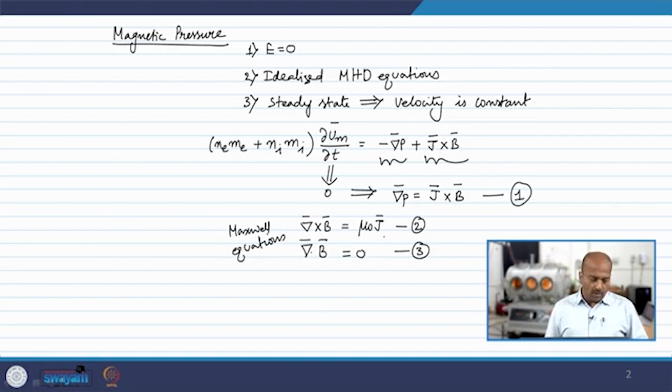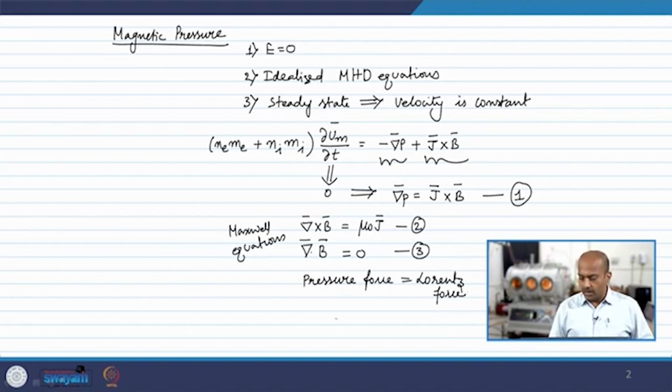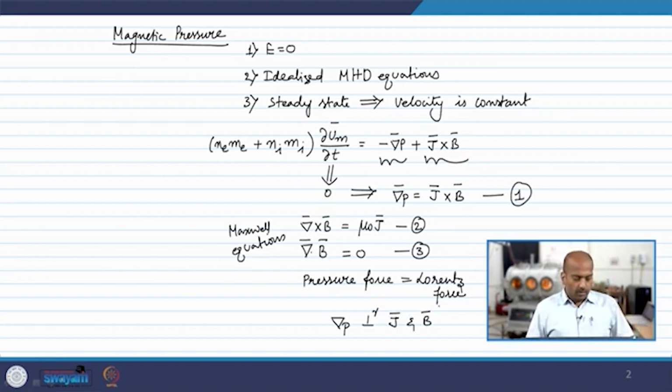So, from equation number 1 we say that the pressure force is equal to the Lorentz force. But what we see is that ∇P, the pressure gradient, is perpendicular to both J and B. So, we have to imagine ∇P in such a way that it is perpendicular to both J as well as B. How do we do it?